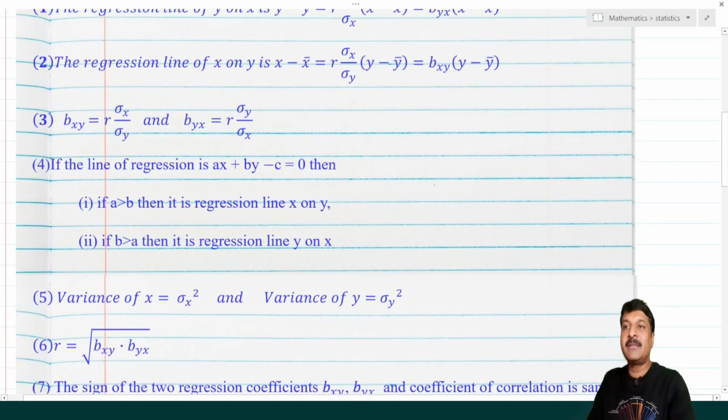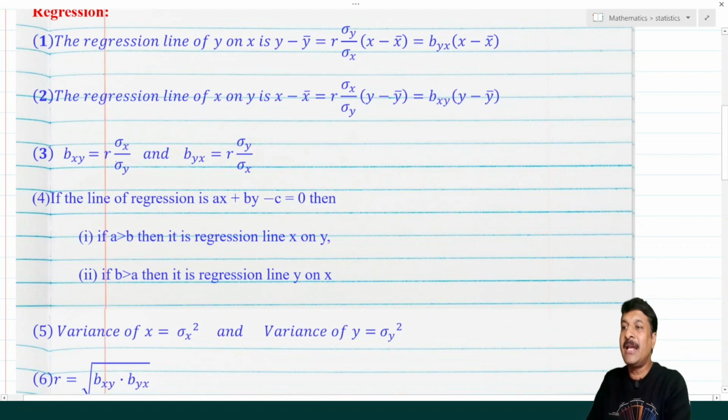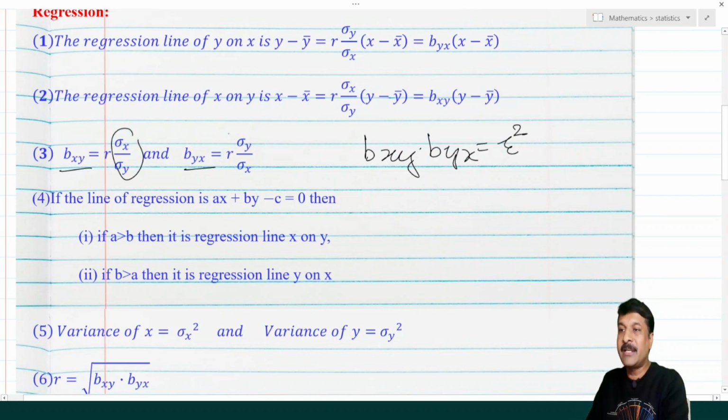If we compare these things, I am getting here b of xy equal to r sigma x by sigma y, b of yx equal to r sigma y by sigma x. If we multiply both, what do we get? b xy into b yx equal to r into r, it will be r square. And you can observe, if we multiply these two, this will cancel with this one and this will cancel with this one.